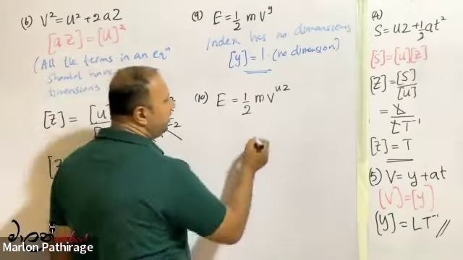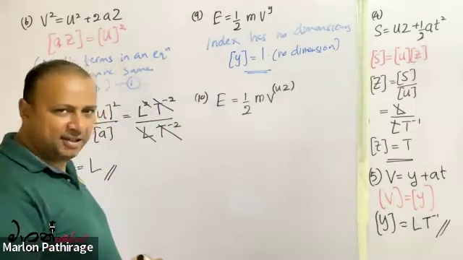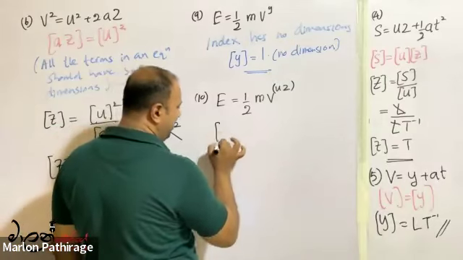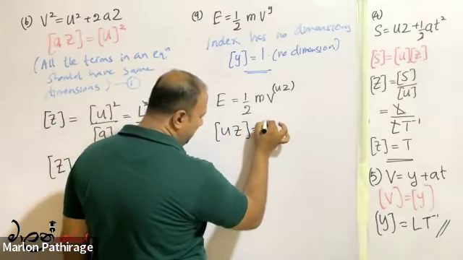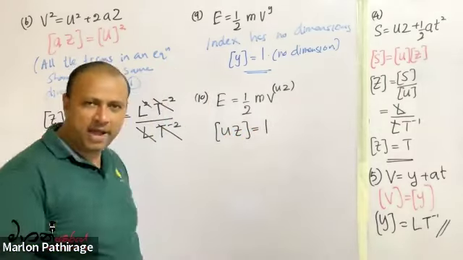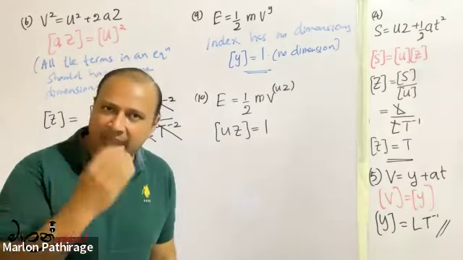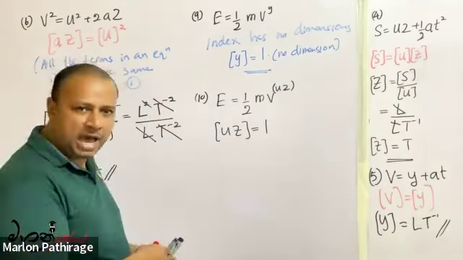Index means the entire expression you said. Therefore, dimension of U should be equal to 1 because index has no dimension. That is the argument.